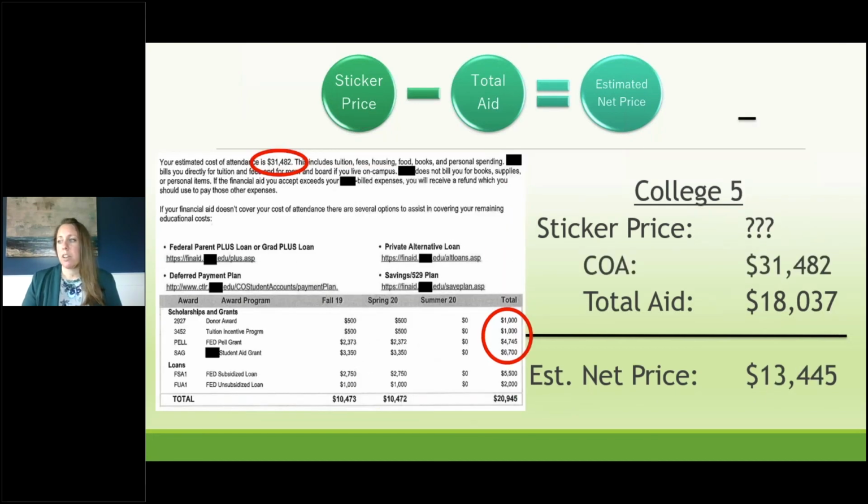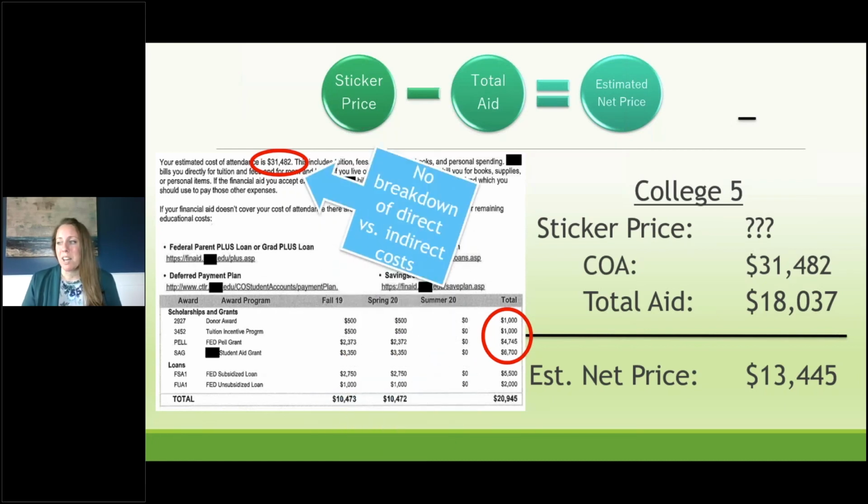And then here in this last college that we're looking at, the sticker price here is a big question mark. You can see here, this particular institution gives you a cost of attendance, but we know that that's not necessarily an indicator of how much it's truly going to cost to go to the college.